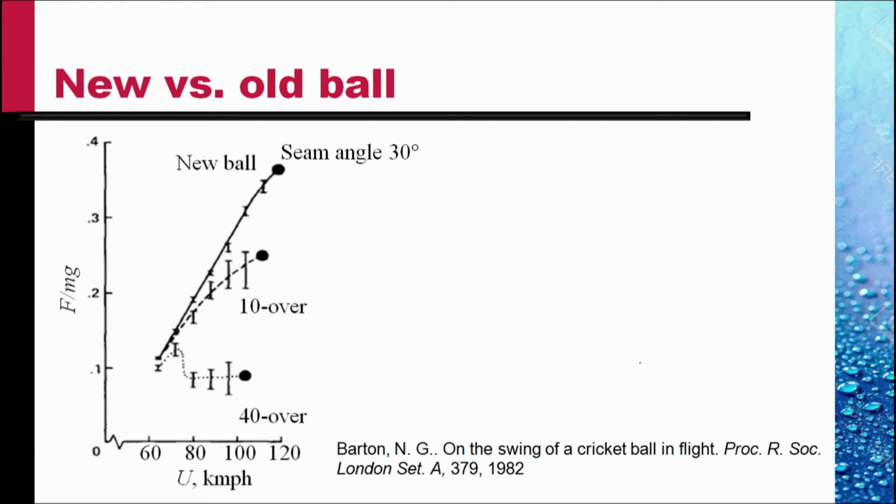And so the swing force F as a fraction of the weight of the ball decreases as the ball gets older. At about 40 overs ball, you notice that the swing force is very small.